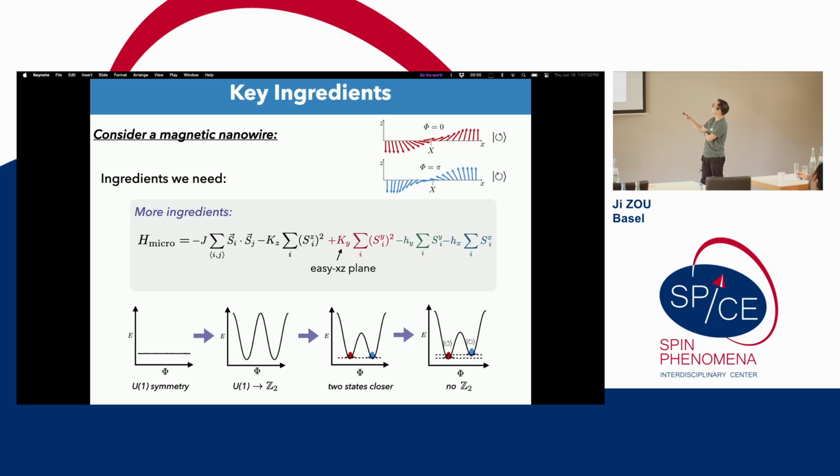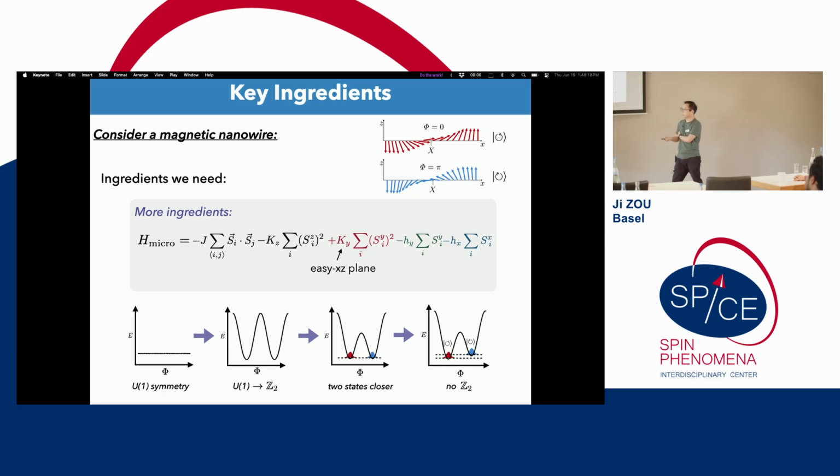Then the positive chiral state and the negative chiral state would be preferred. If you look at the math, you will find that in this case the potential for this domain wall would be a sine or cosine function, with one minimum corresponding to this positive chiral state and another corresponding to this negative chiral state. Still, we have a high energy barrier between these two chiral states.